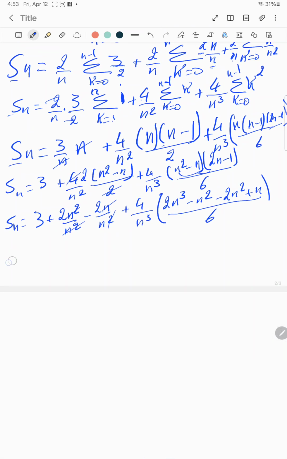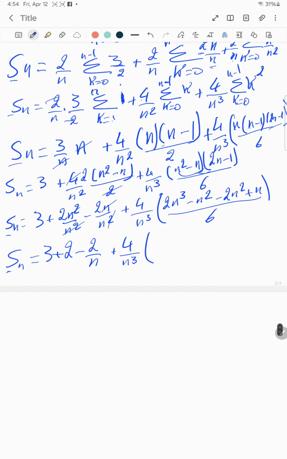So my Sn equals 3 plus 2 minus 2 over n plus 4 over n3.